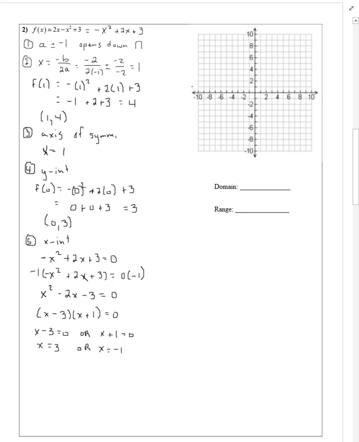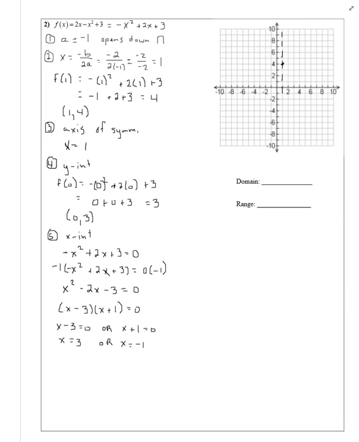Okay, so let's graph what we have so far. We know our vertex is at 1, 4. We know the axis of symmetry is a vertical line that passes through that point. So here's our axis of symmetry. Okay, we also know our y-intercept is at 0, 3.